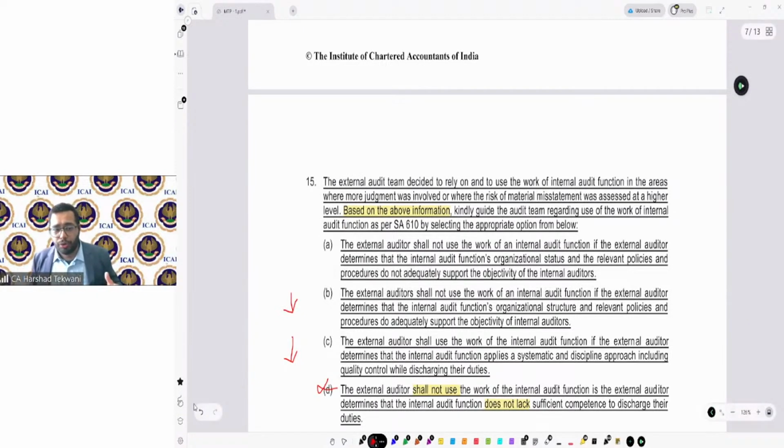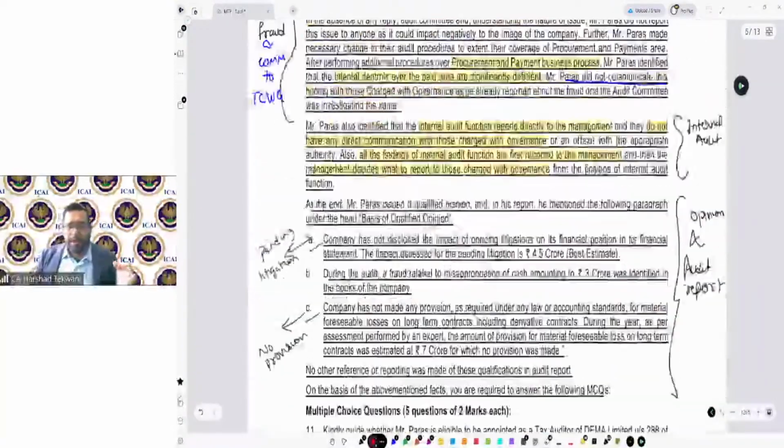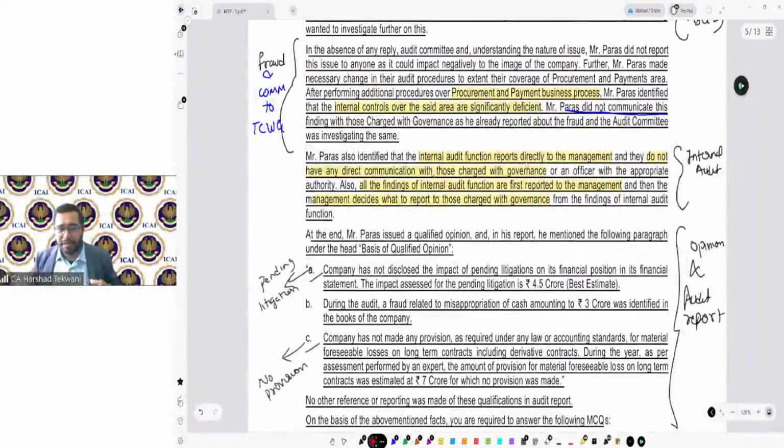Now, what to do? I have two options which I feel are less correct. A is more correct. If you read the question again, internal audit functions report directly to management. They do not have direct communication. All findings of the internal audit function are reported to management, and management decides what to report to those charged with governance. I could clearly see there is an issue with respect to independence and objectivity.